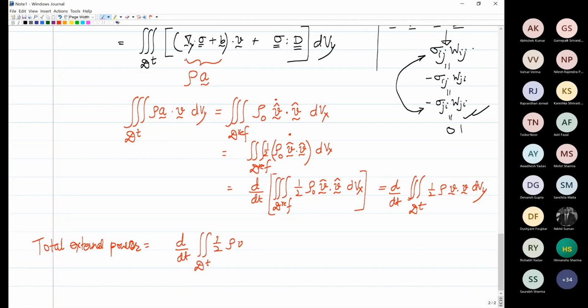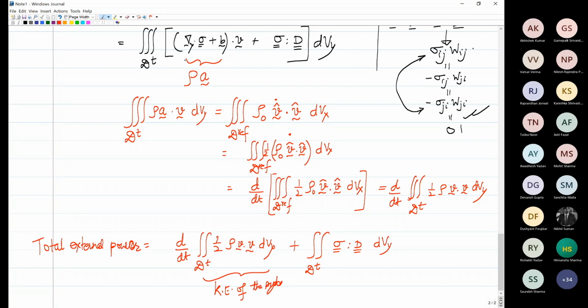Something that we saw to begin with. But then it also has an extra term, integral over dt sigma double contraction D dvy. Okay, so this is of course the kinetic energy of the system.